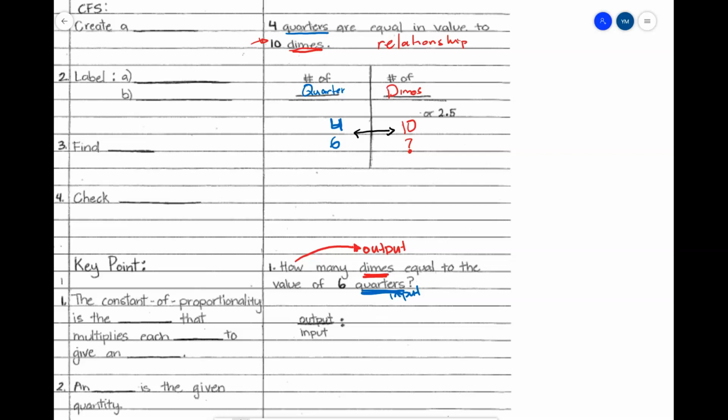Why dimes? Because remember, dime is our input. Whatever it is that you want to find out, that has to be your numerator, and whatever you're given is your input, right?